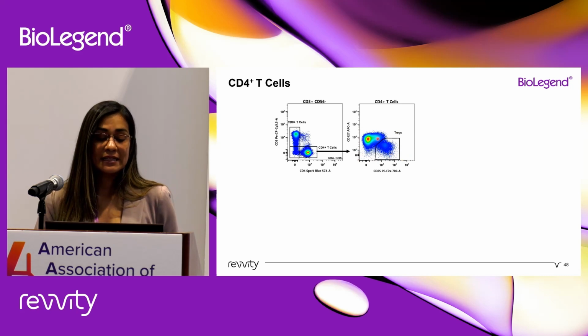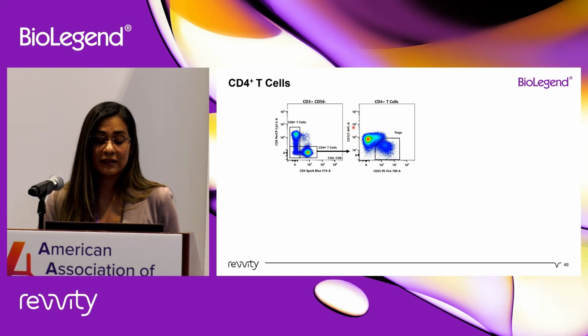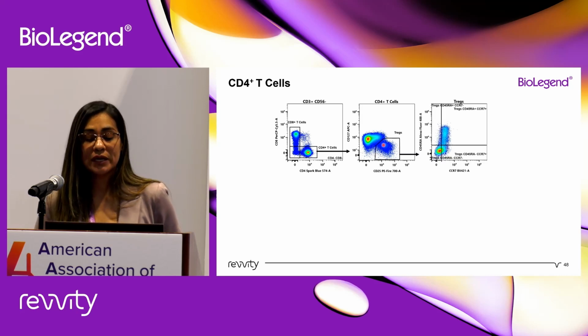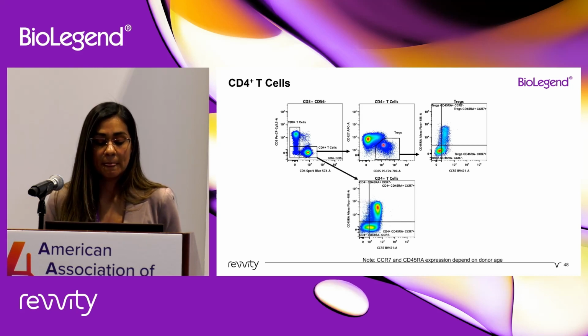Again, this is one of the markers that we carefully assigned, CD127, to have a marker that is bright enough to allow us to identify the Tregs here. And again, from the Tregs, we can analyze the expression of CCR7 and CD45RA.